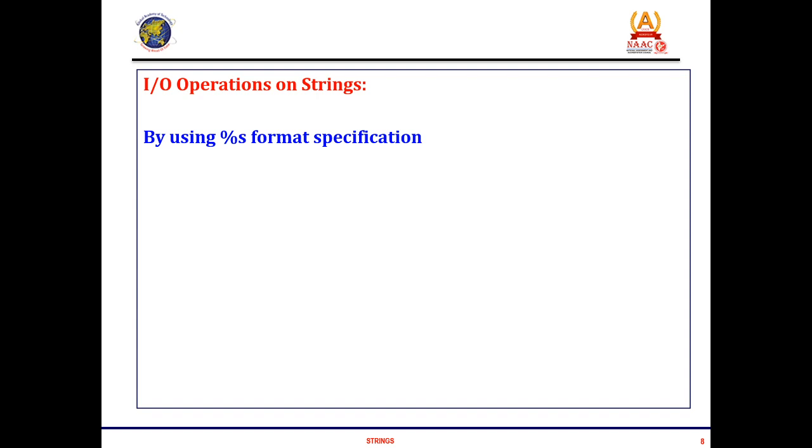Similarly, when we use I/O operations on strings, we make use of the format specification %s. Nothing great about this. You just need to replace %d or %f, what you have studied so far, with %s. And the only difference is that with those format specifications you used the ampersand symbol, but in case of %s, you are not going to use the ampersand symbol.